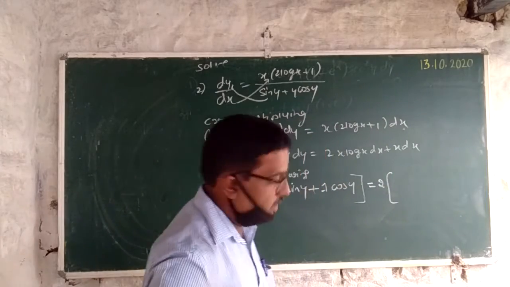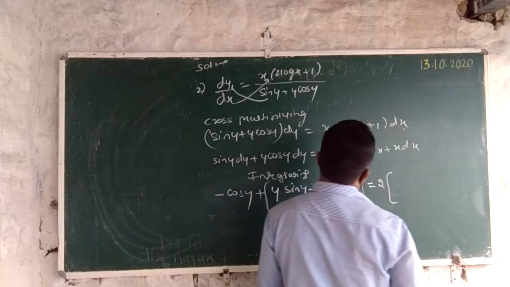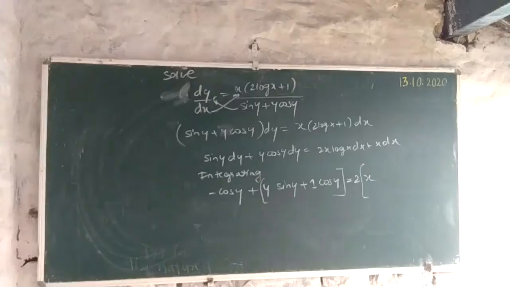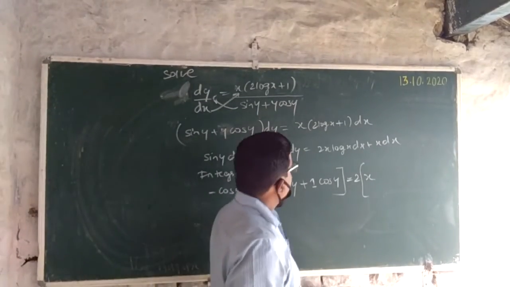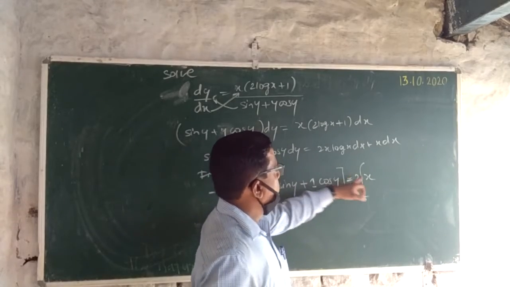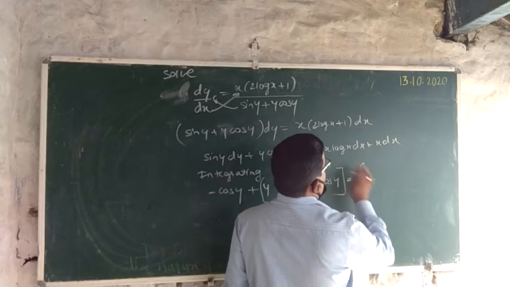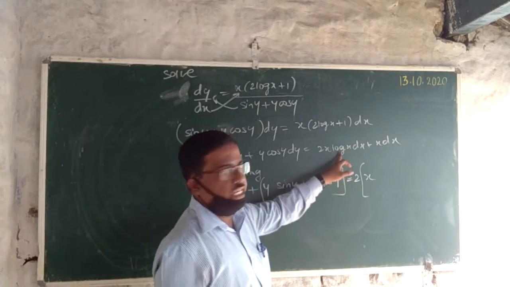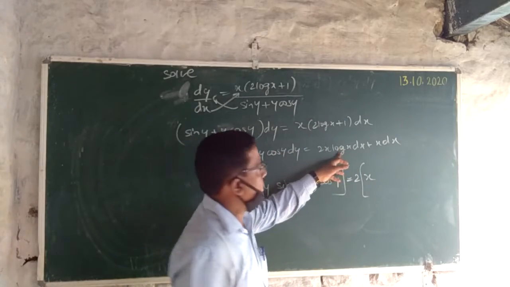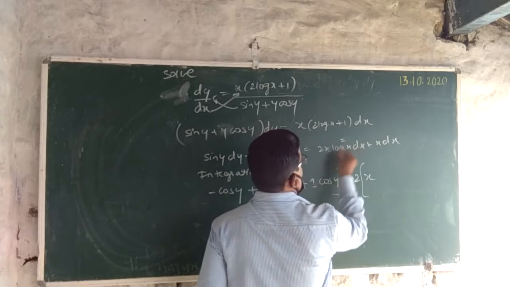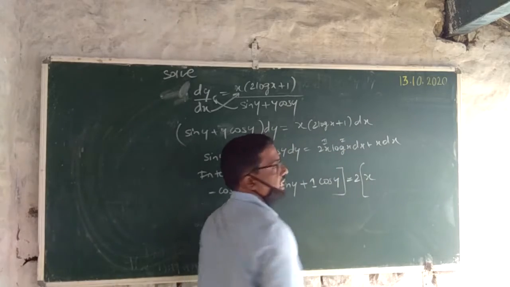We can apply here x log x by integration by parts. So now to integrate x log x, we apply integration by parts. So here take first function as log x, and take x as second function.